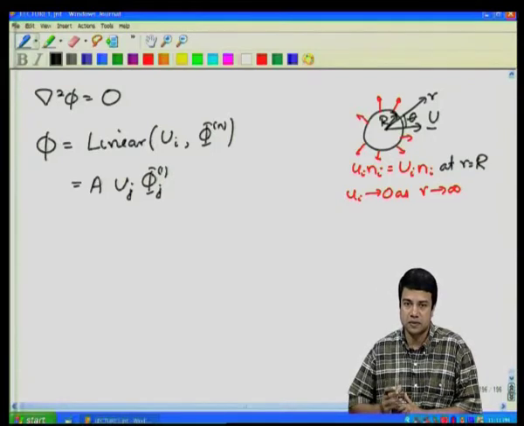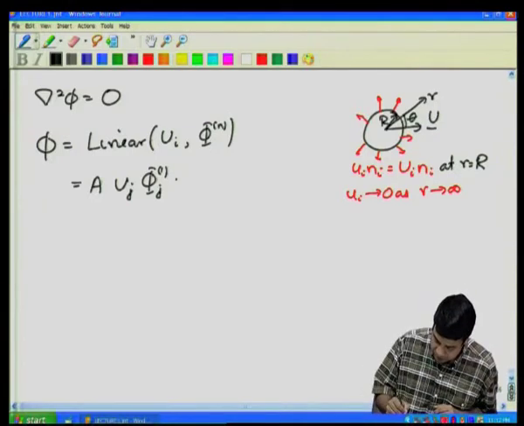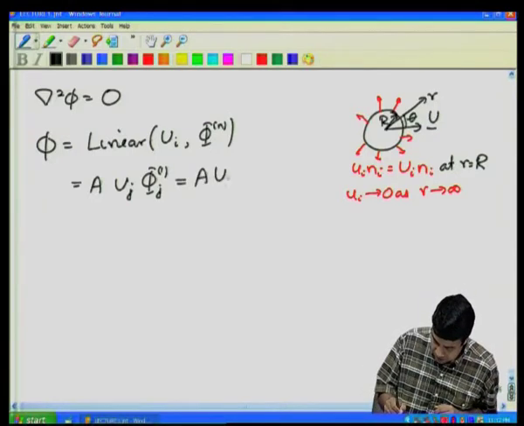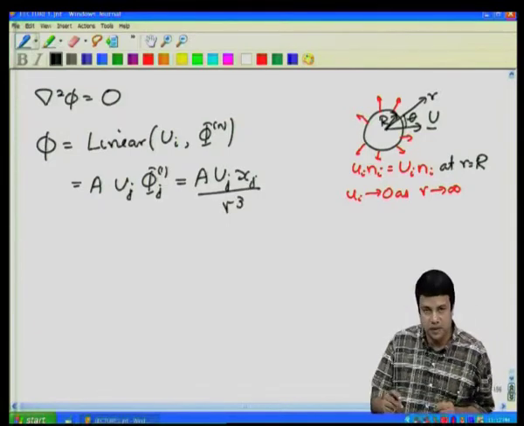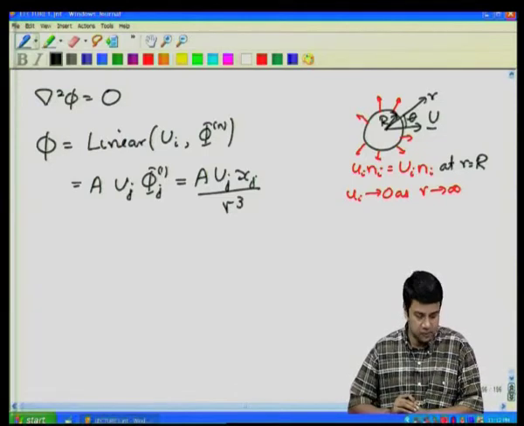You cannot get solutions of any other form. This satisfies the Laplace equation because the vector spherical harmonics is a solution of the Laplace equation. So, this is the final solution for the velocity field.